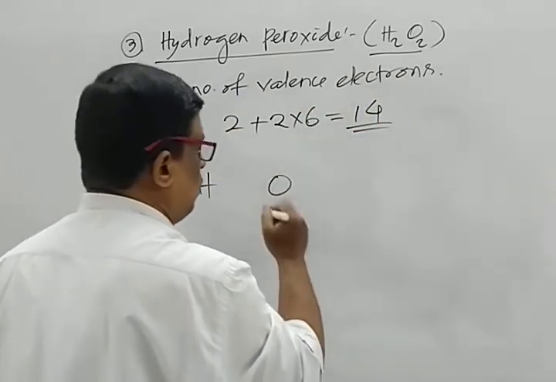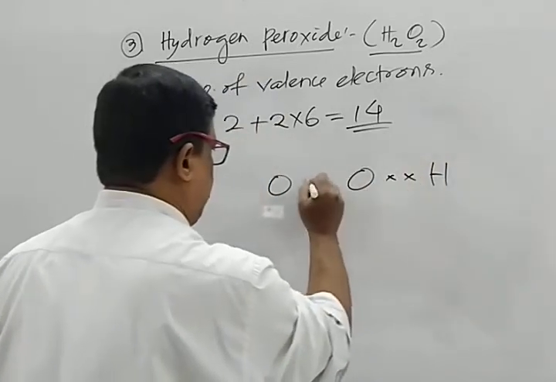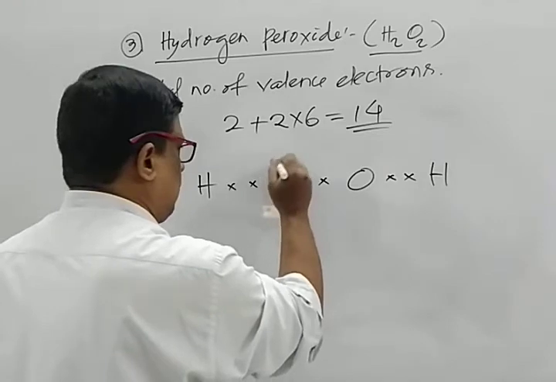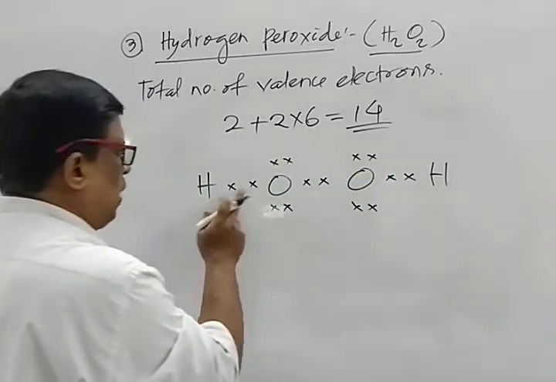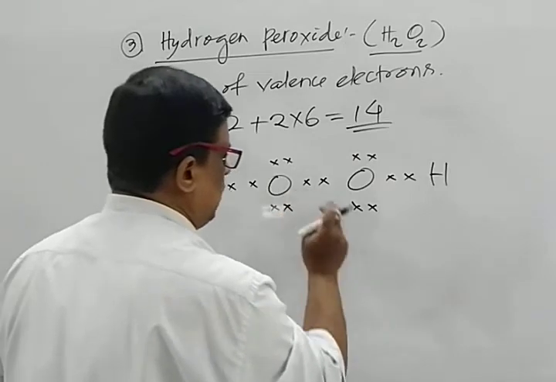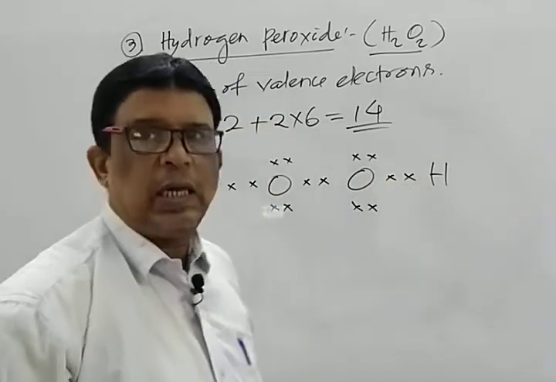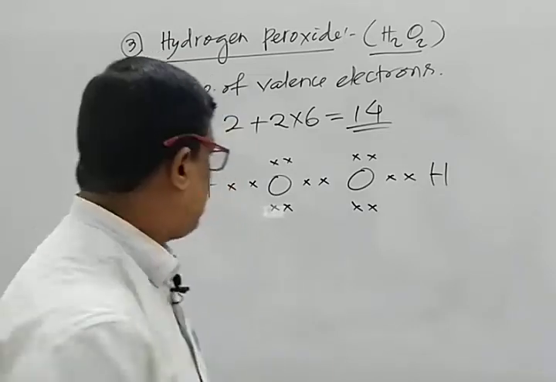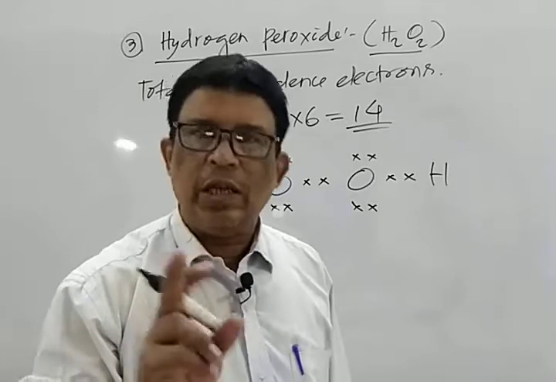That is HOOH. Minimum 1 pair between atoms. Mark that. Remaining 2 pairs. Counting 1 through 14, 14 electrons are there, 7 pairs. Let us verify their octet. A special case is hydrogen, which is satisfied with a duplet.